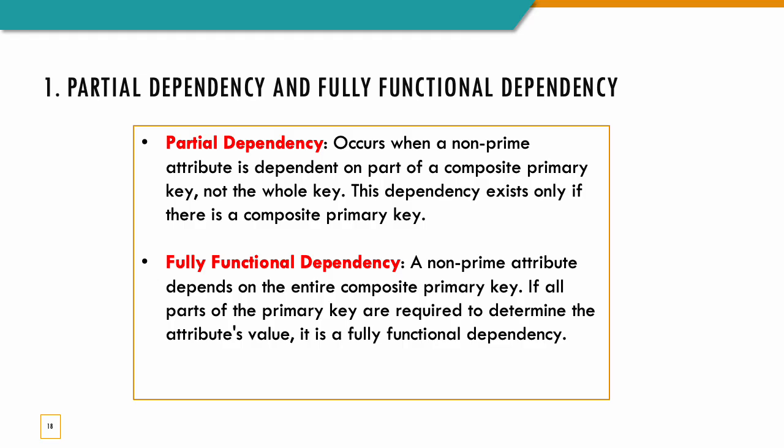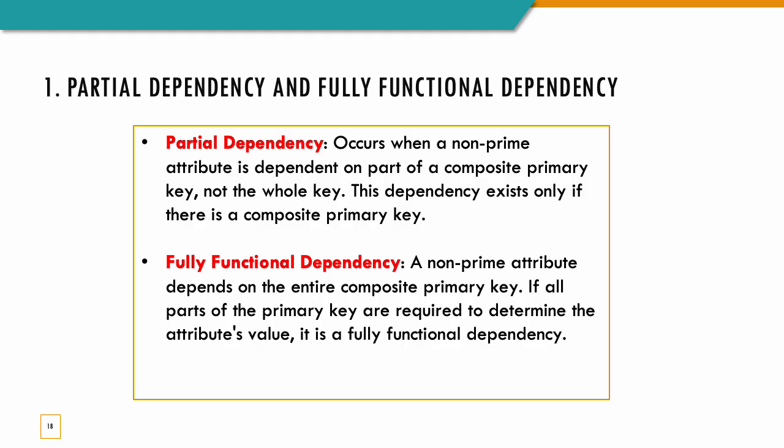So partial dependency happens when a non-prime attribute, or we can say an attribute that's not part of the primary key, is dependent on only part of the composite primary key rather than the whole key.